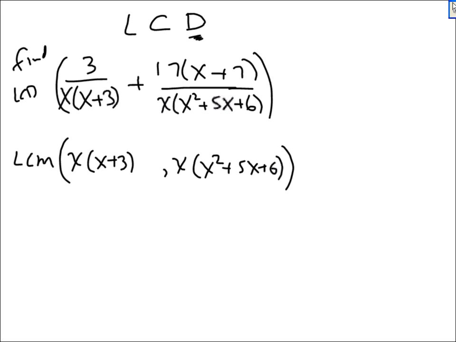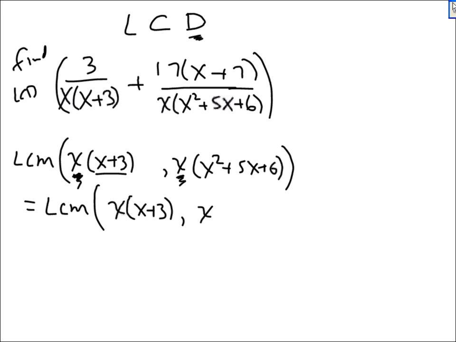And you don't need to write everything down that I'm writing, but you have to think it. What you need to do is factor everything. Factor each of the factors, if you can. Can you factor x? No, it's just x. Can you factor x plus 3? No, you cannot. Can you factor x?